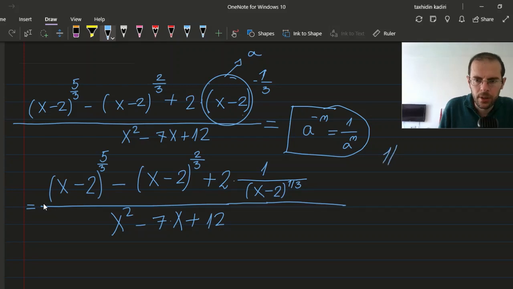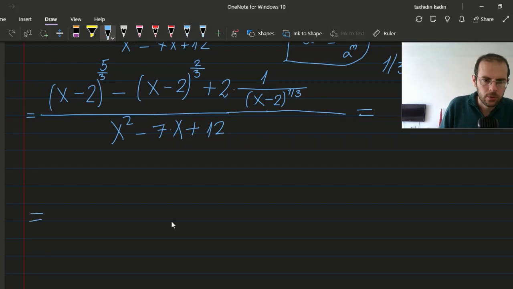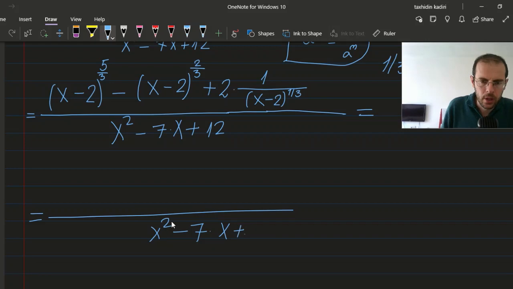Here you can write this 1 over. Now, fraction, we have x squared minus 7x plus 12.